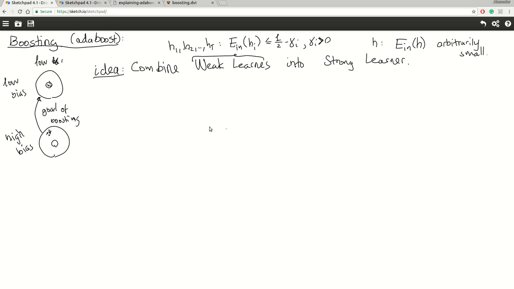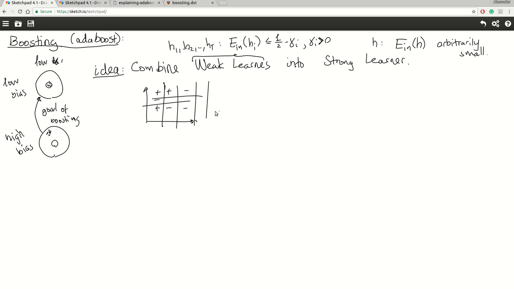So I'll try to sketch the idea here. The idea is I'll take my data set. Let's suppose I have data that looks a bit like this. I'll have some pluses and some minuses like this, and let's say I can only learn axis-aligned lines. So what I could learn would be these kinds of hypotheses.